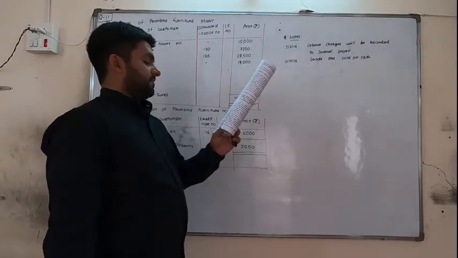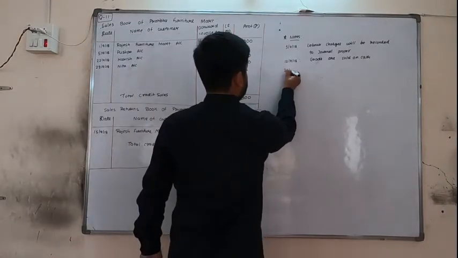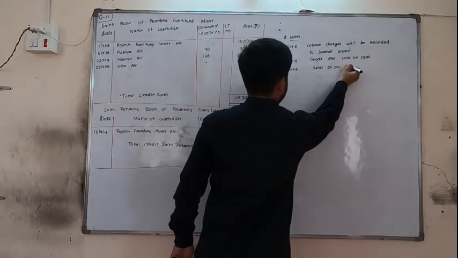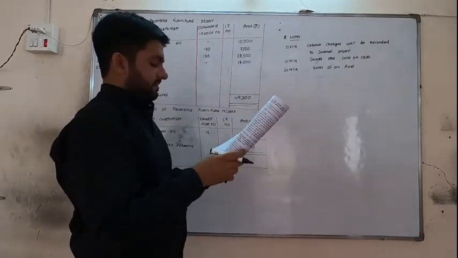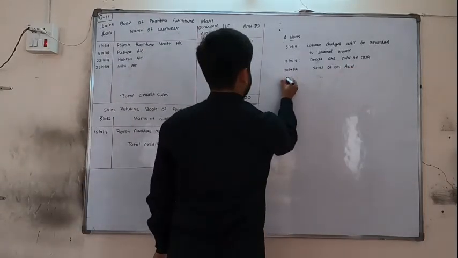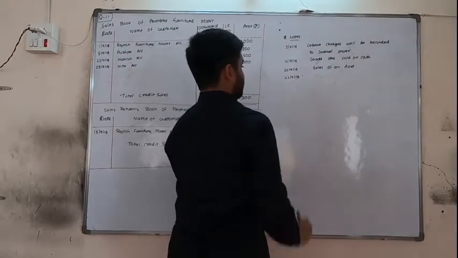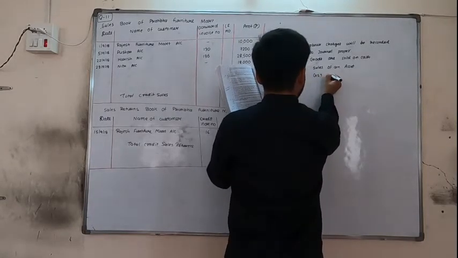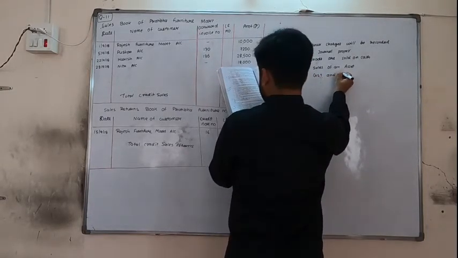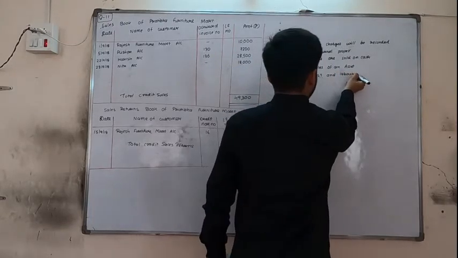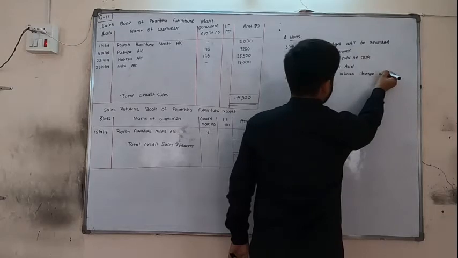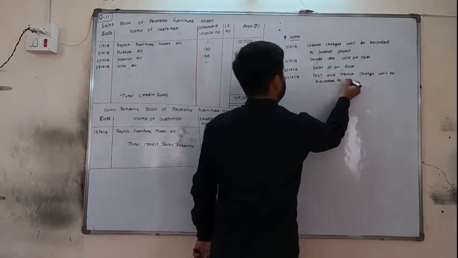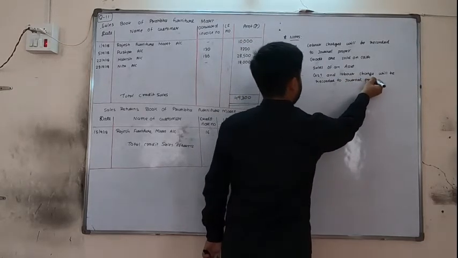Then 15th return balance is 28th. Sales of an asset. Then 22nd, 980. GST and labor charge will be recorded to journal proper.